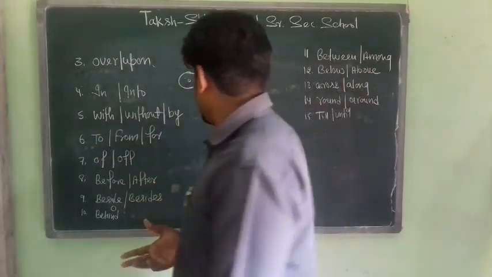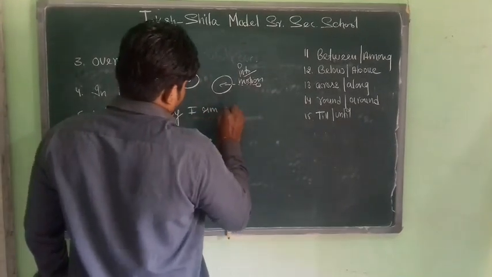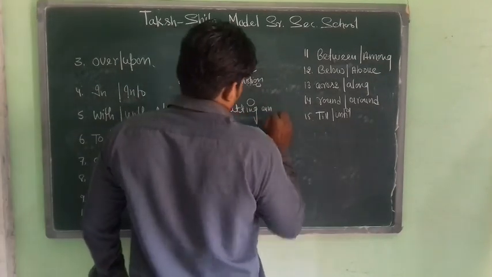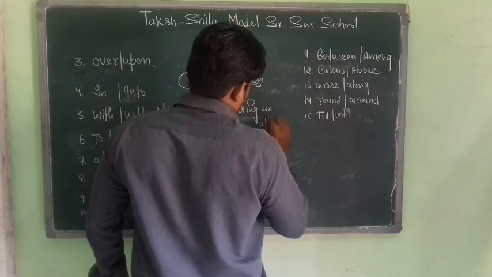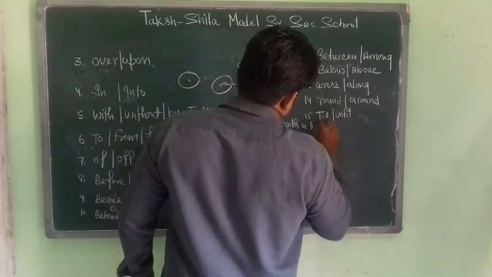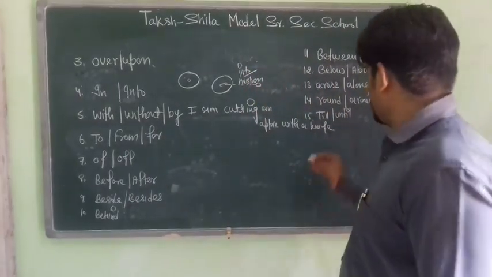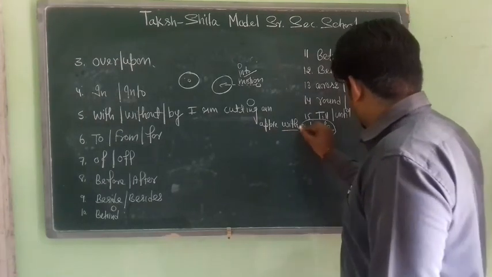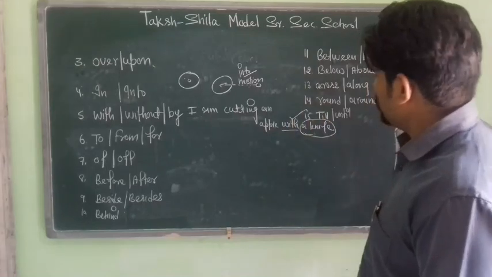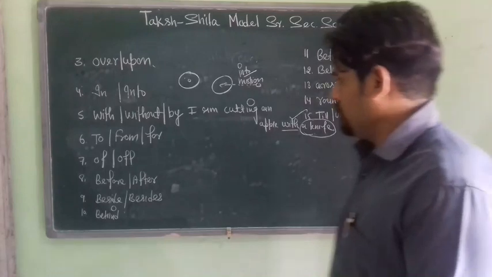Example: I am cutting an apple with a knife, right? So in this sentence, with a knife, what is the instrument with which we are cutting? The knife. This shows that the instrument is a knife. So with acts as an instrument, right?